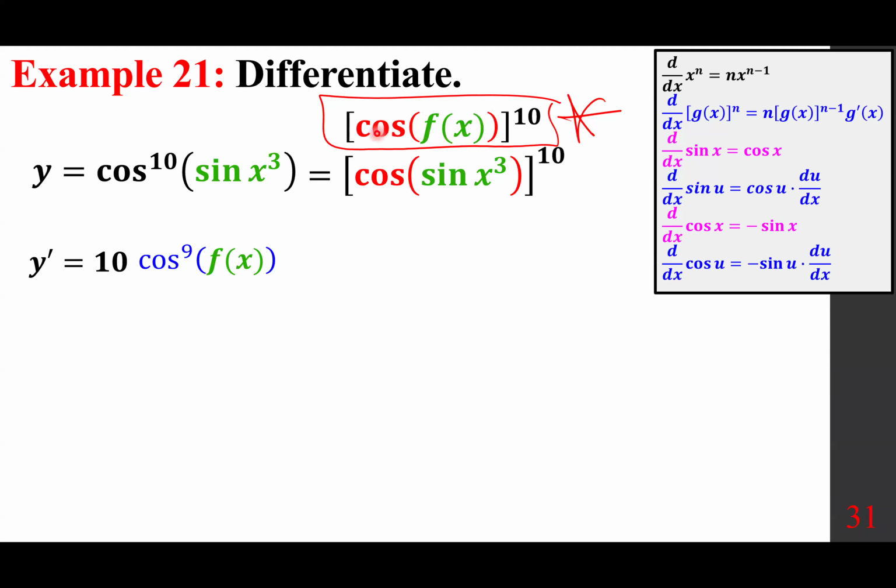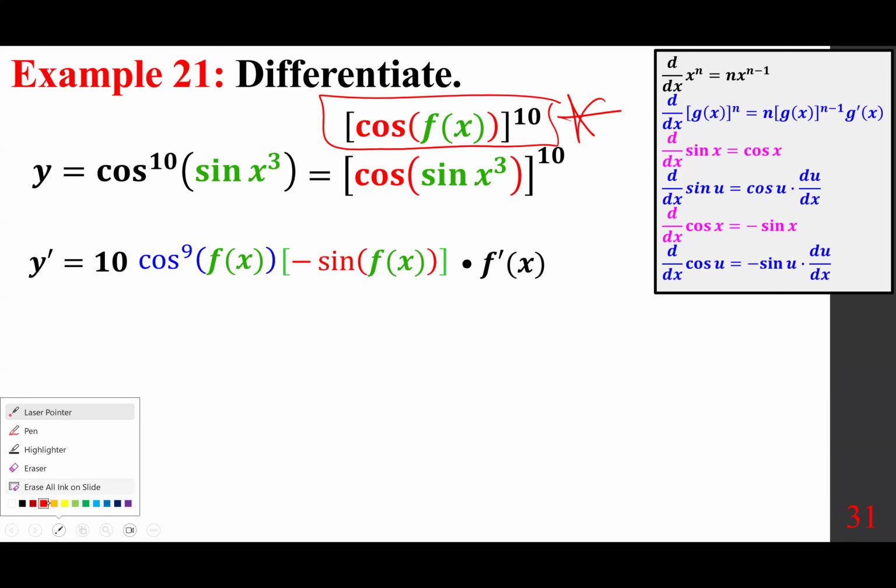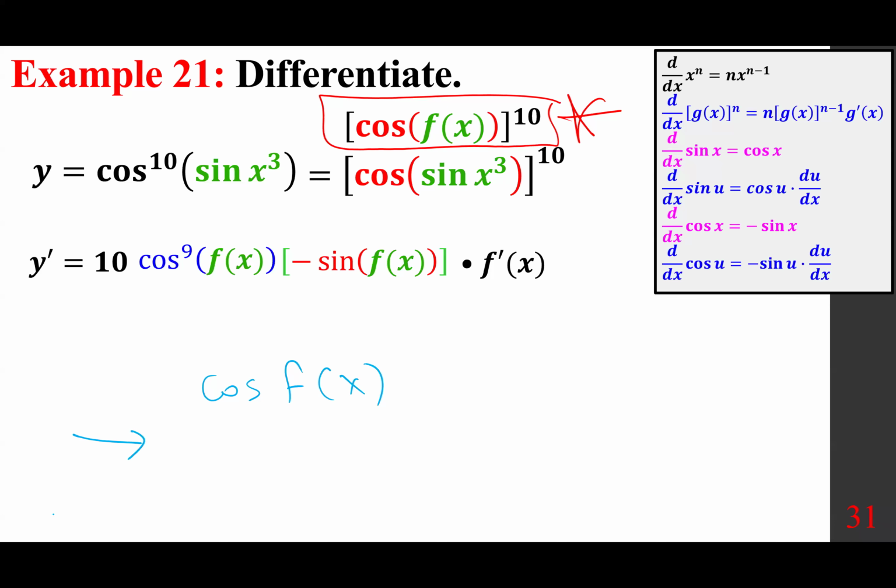The derivative of cosine is negative sine. And remember, if it's x, you're done, but it's f of x, therefore you need f prime of x. Okay, now I'm going to write it here so everybody is clear. If you're looking at cosine f of x and you want to differentiate, you say cosine and you stop.